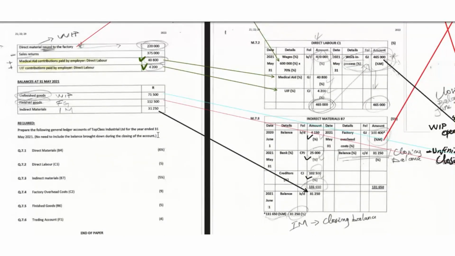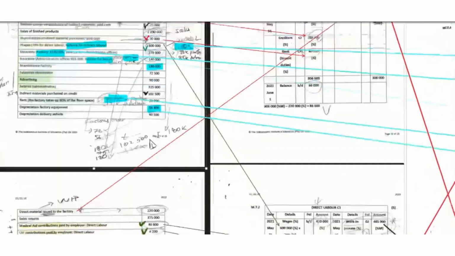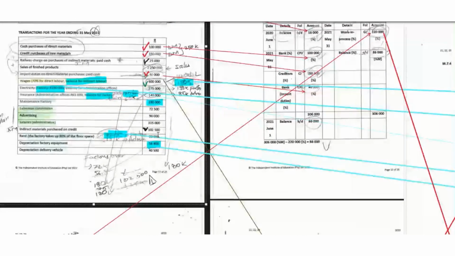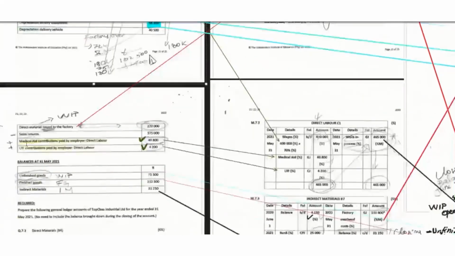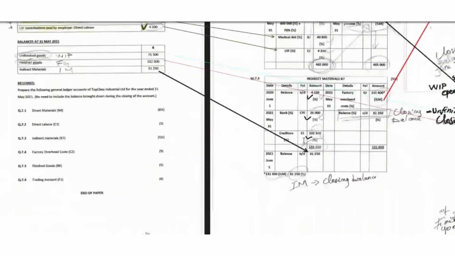If we go after salary, you have insurance, maintenance, salesman commission, advertising, salaries, and then you have indirect material purchase on credit. It is there. Is there another indirect material? Rent, depreciation, sales returns? No, there is not. So we will add that as an indirect material.